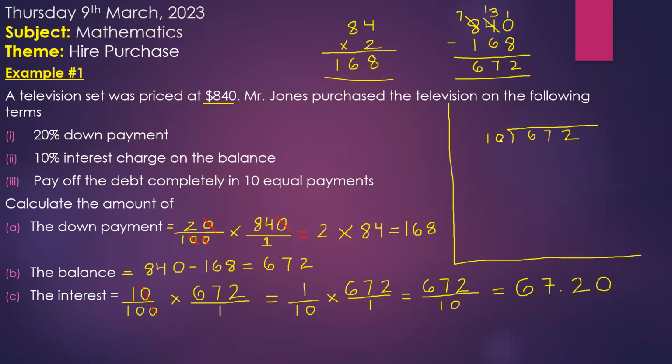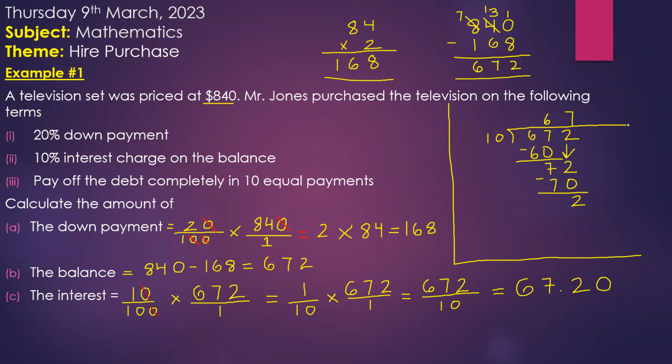How many times does 10 go into 67? 6 times. 10 times 6 is 60. 67 minus 60 is 7. We bring down the 2. How many times does 10 go into 72? 7 times. 10 times 7 is 70. 72 minus 70 is 2.